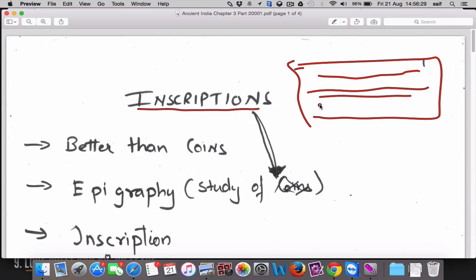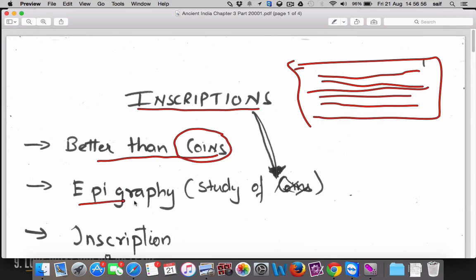There is a variety of knowledge in them, and it is better than coins, because in coins you only get limited data, whereas in inscriptions you get vast data about the period: how people used to live, what they did for a living, the religion they followed, the taxes they gave, administration, socialism and all. And the study of inscriptions is called epigraphy, and the person who studies them is called an epigraphist.